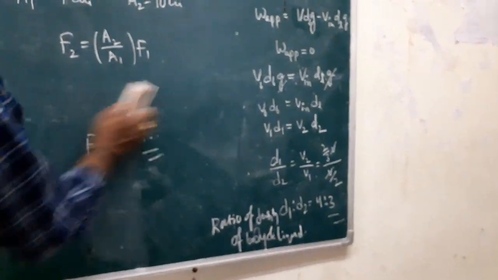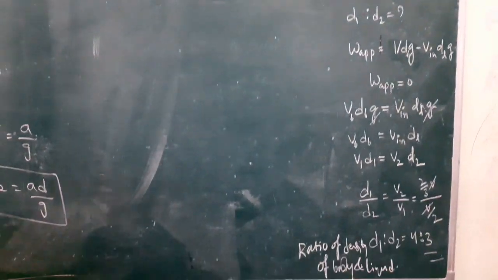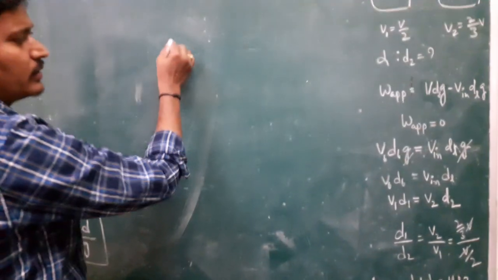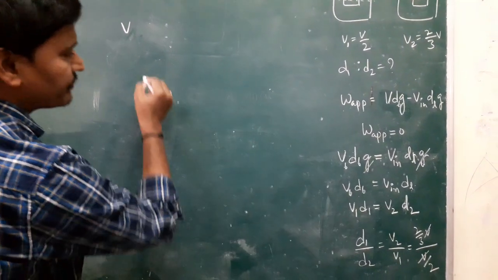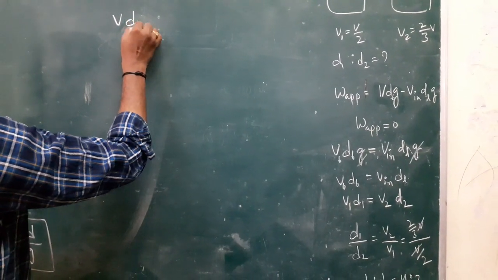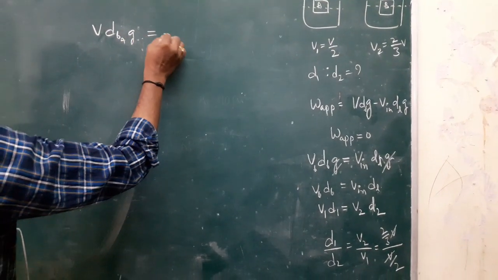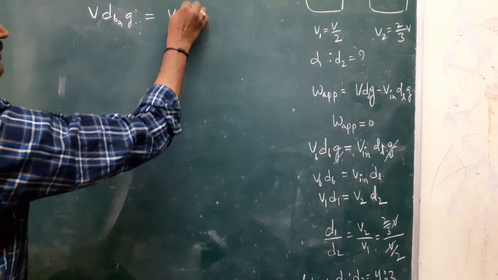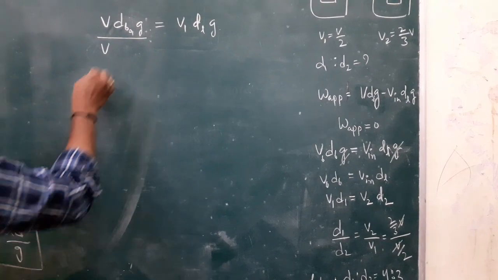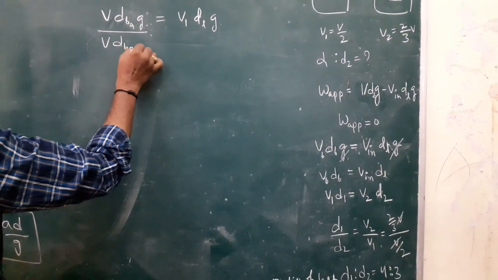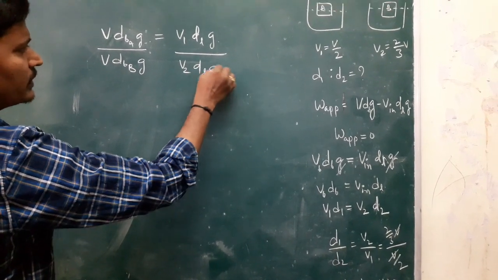So here, if we want to calculate the densities ratio of the two bodies, V is the volume of body, and the density of body A into g is equal to V1 into dl into g, divided by V, the original volume of body, density of body B into g, divided by V2 into dl into g.